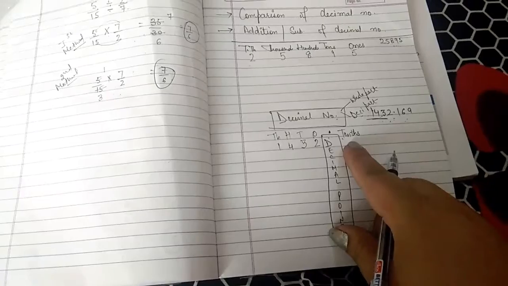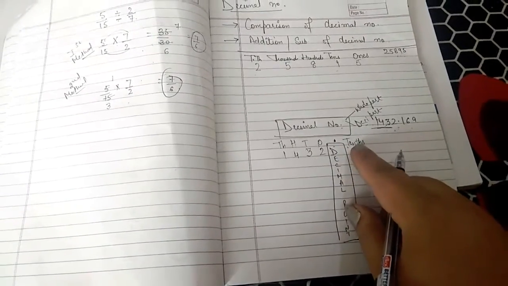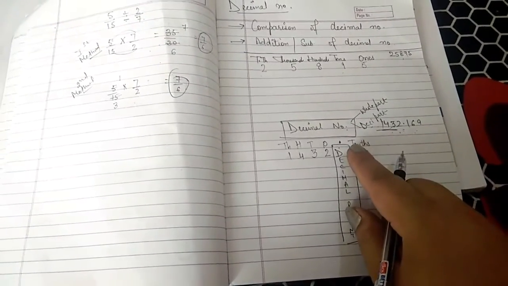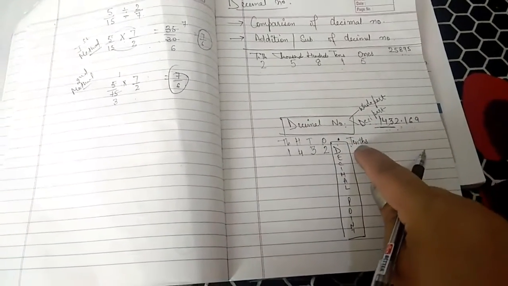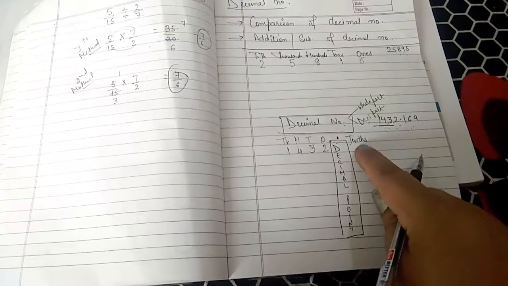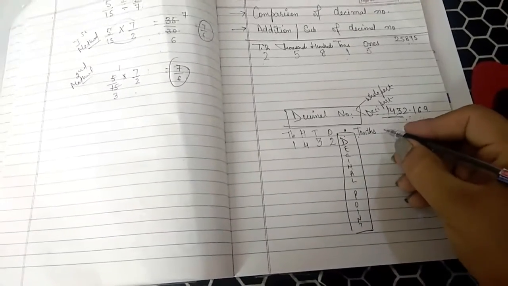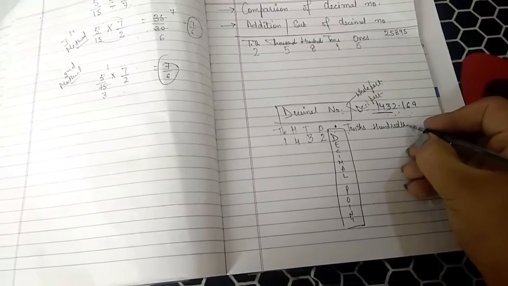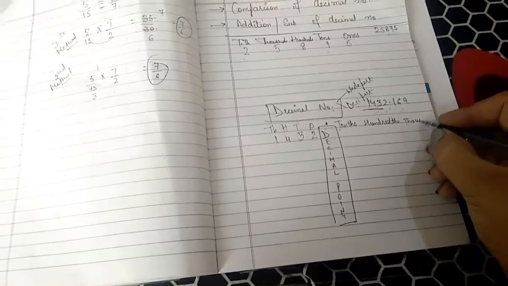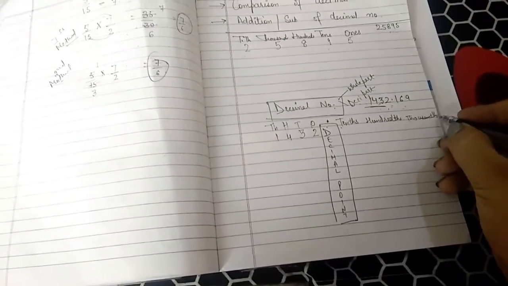After the decimal, the digit will be at the 'th' place. Whenever the digit is after the decimal, you have to use 'th' at the end. So after tenths, hundredths will come. After hundredths, thousandths. Okay.